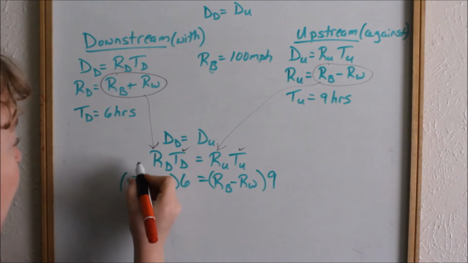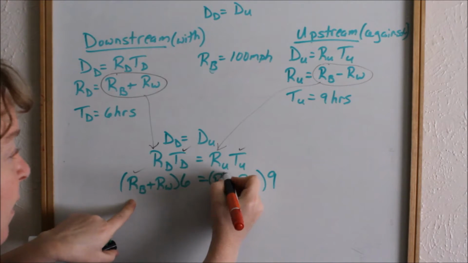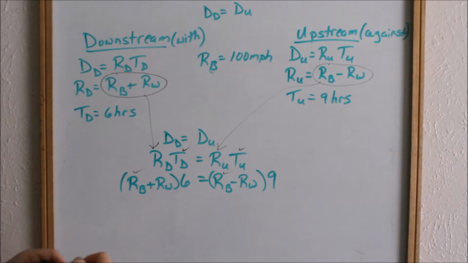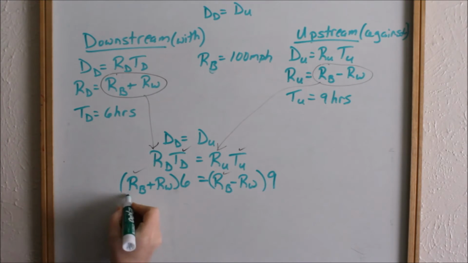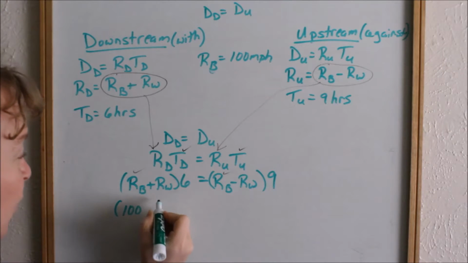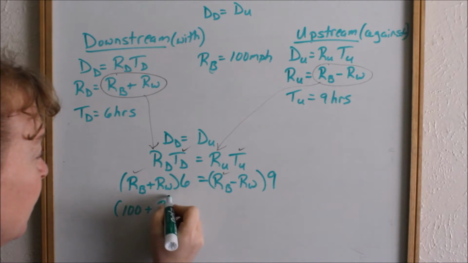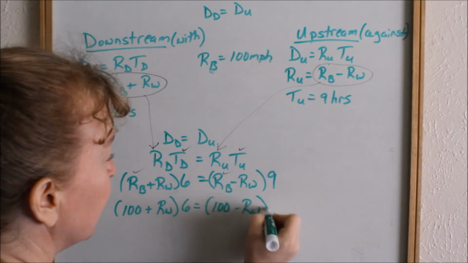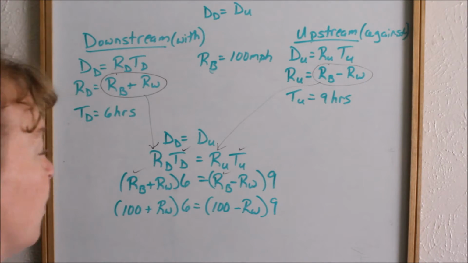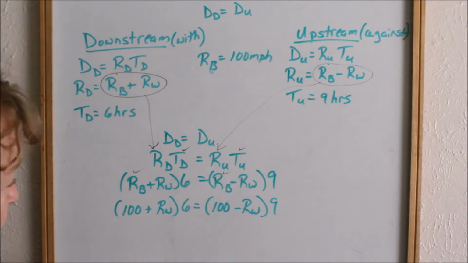Okay, so I know that and that. You use the same number, so now we can put in 100 for my RB. And so now I'm down to one unknown, the rate of the water, or the rate of the wind.